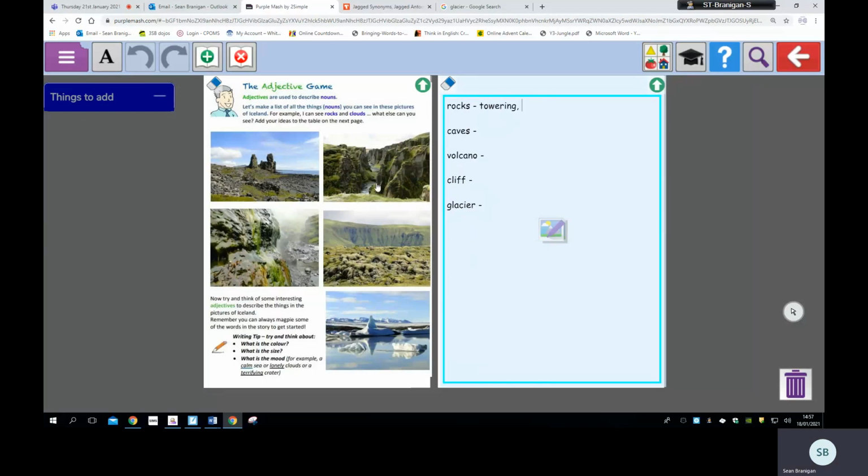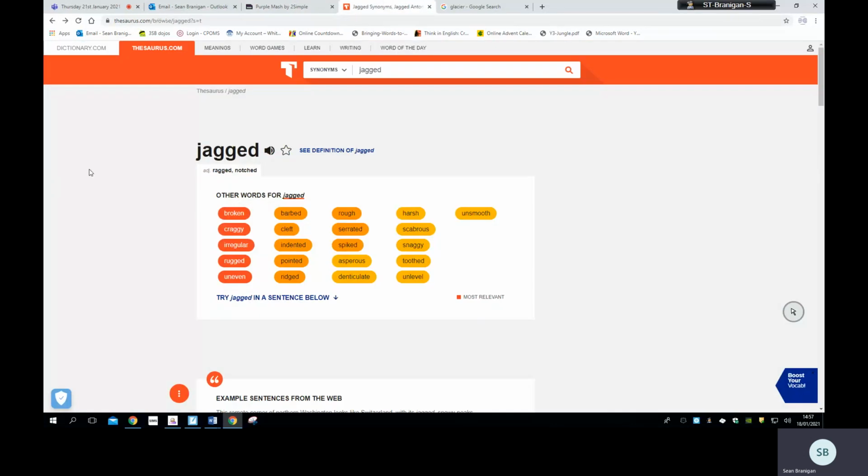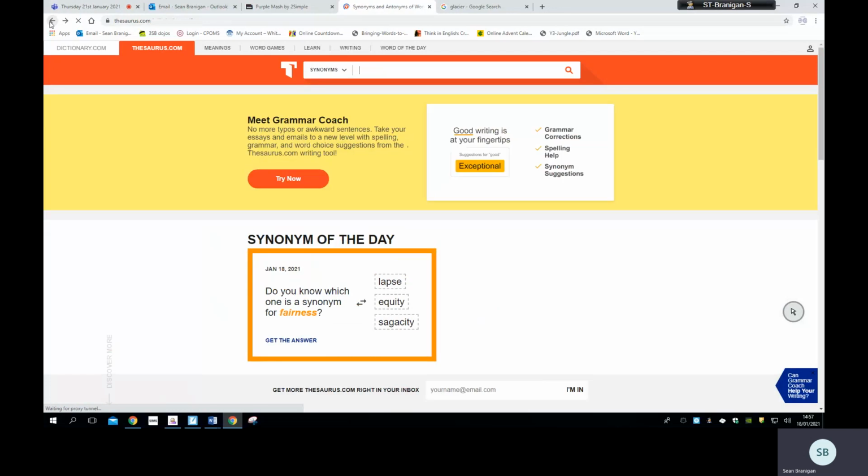It almost looks like it could be a river running through there. The rocks could be, let's think, craggy. Craggy is another word for jagged. Okay, jagged rocks. Can you see they're jagged there? They're craggy. What I did decide, children, is that jagged is a word that's used lots and lots.